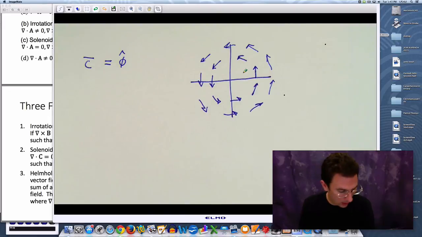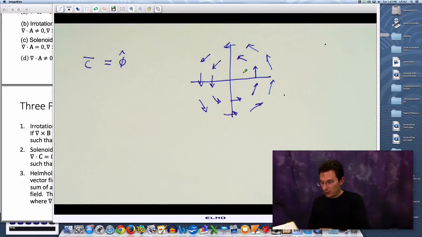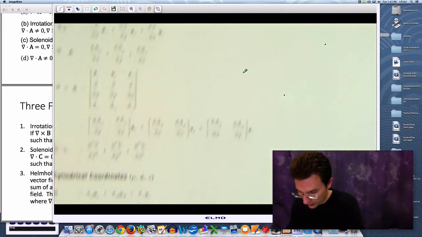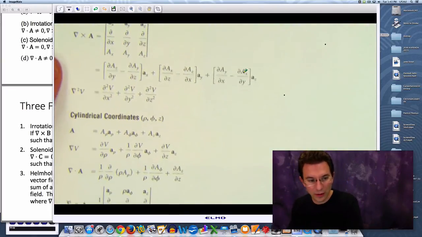If you look again in the back of your text, they have the definition of the divergence here in cylindrical coordinates.